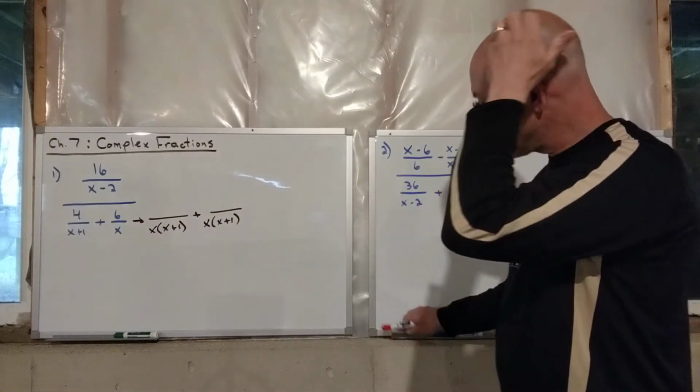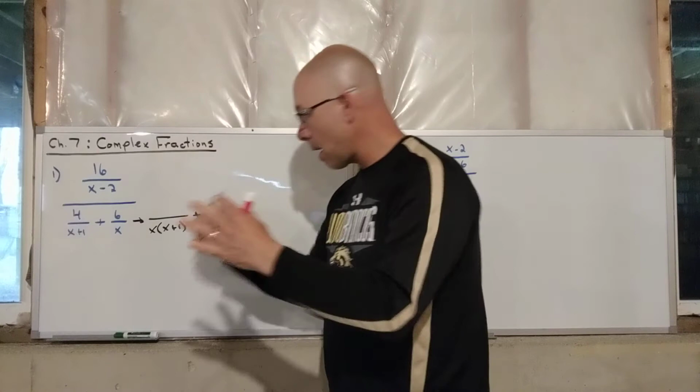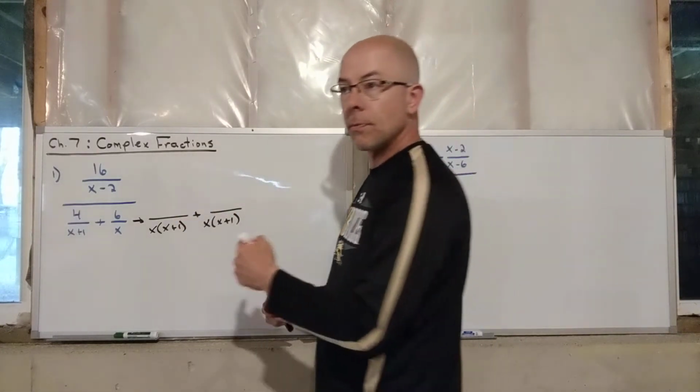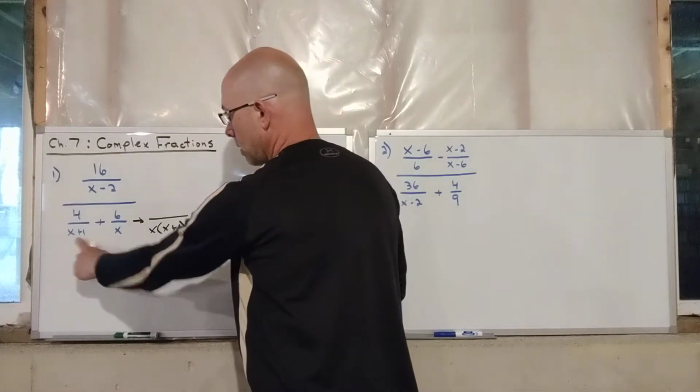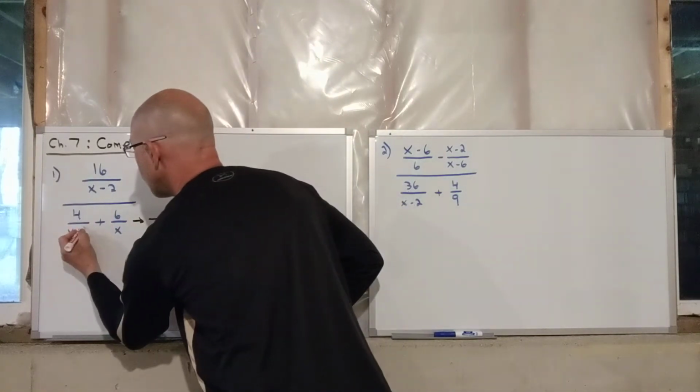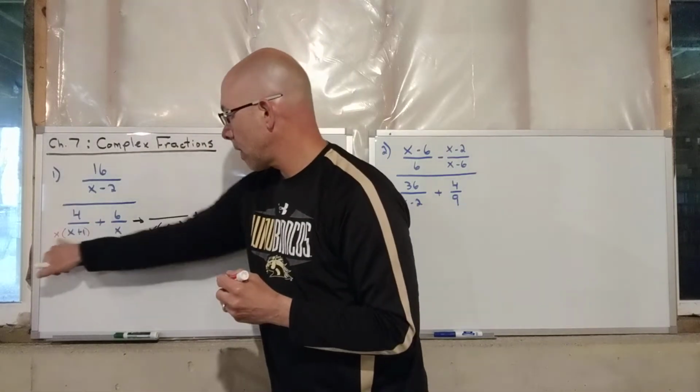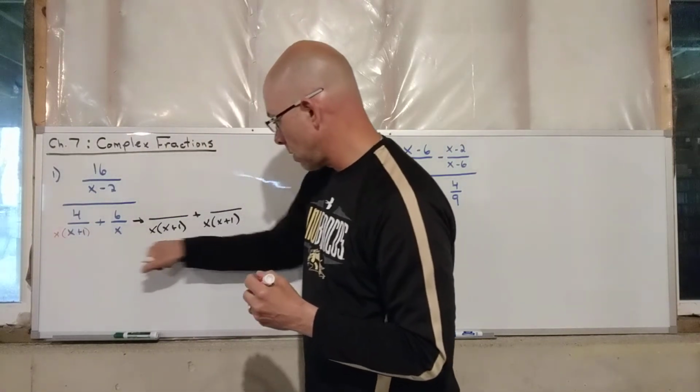Okay, so I got the common denominators ready, and now we adjust the numerator. The question always was from the previous video, how did this become this? Well, if I multiply that by x, that looks like that now.